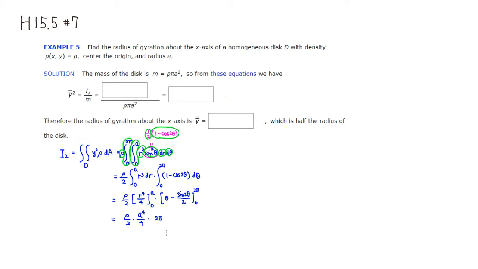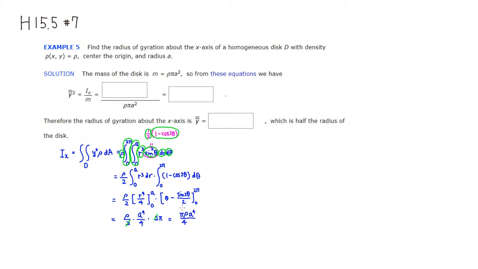So you just get 2 pi. We can cancel the 2 on top and the 2 on the bottom, so we have pi rho over 4 times a to the 4th power.